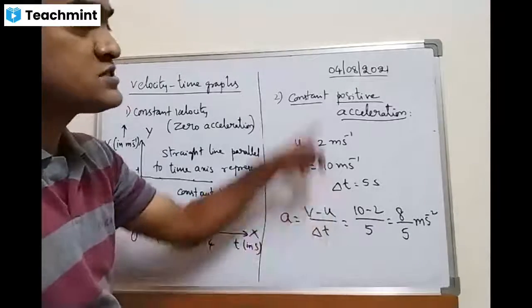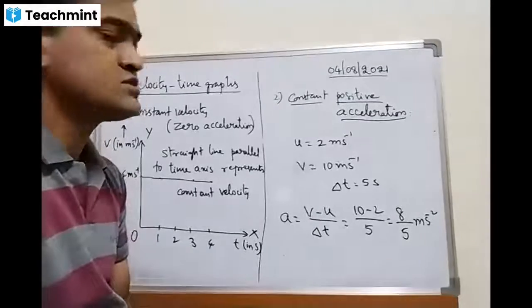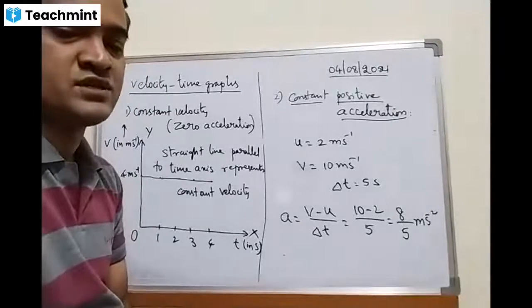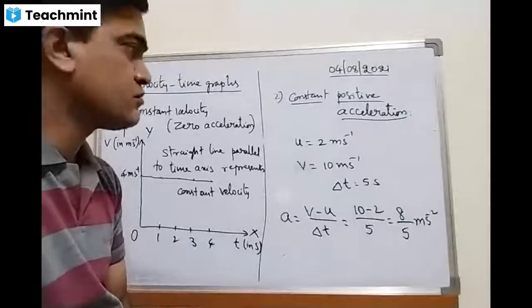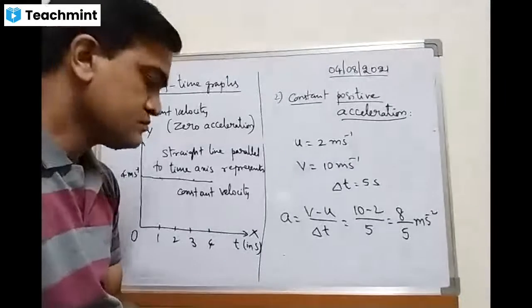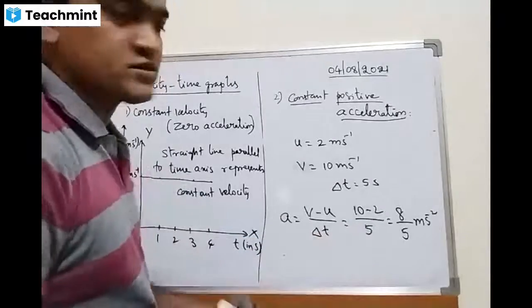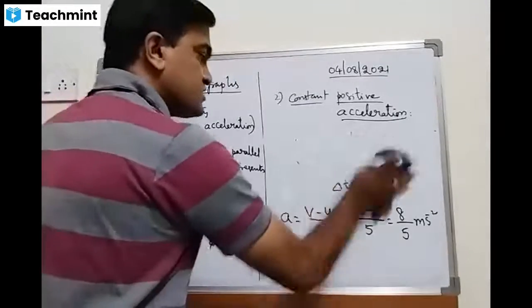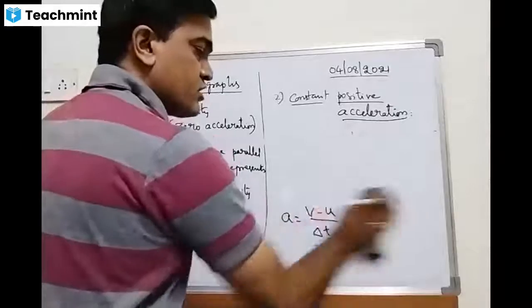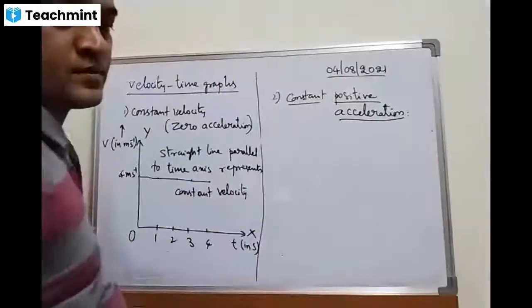So in this case, I am going to show you the graph for constant positive acceleration. You will get a graph like this. This acceleration is positive because the final velocity is greater than the initial velocity, right?